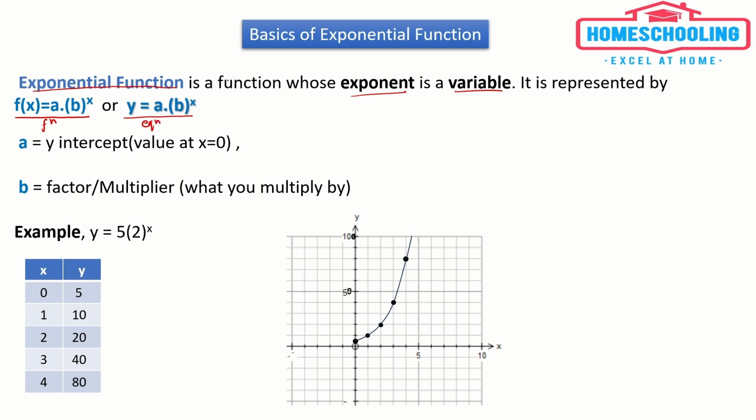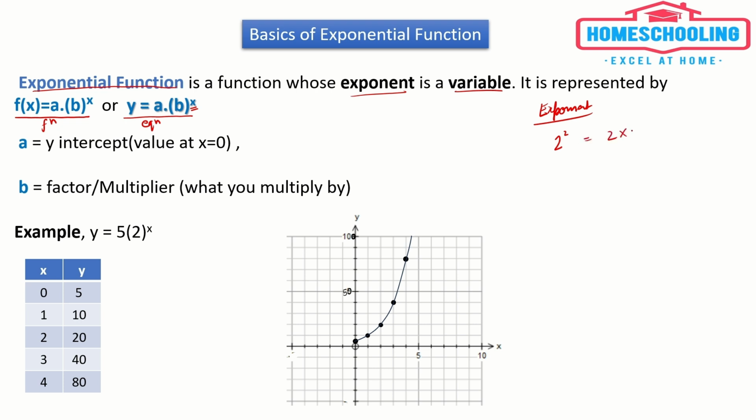So as the definition says, an exponential function is a function whose exponent is a variable. As we can see here, y = a times b to the power x. So our exponent is a variable here. For those who don't know what an exponent is, exponent is used to represent repeated multiplication of the same number. Let's say 2 square.